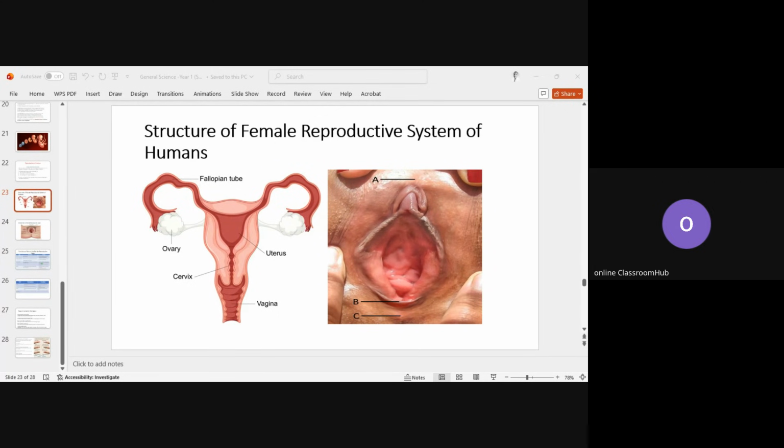Then we look at the parts of the female and their functions. The clitoris, for example, is for sexual arousal. That is where the feeling is mostly located. And the vagina receives sperm during sexual intercourse, and is also for childbirth and menstrual flow.